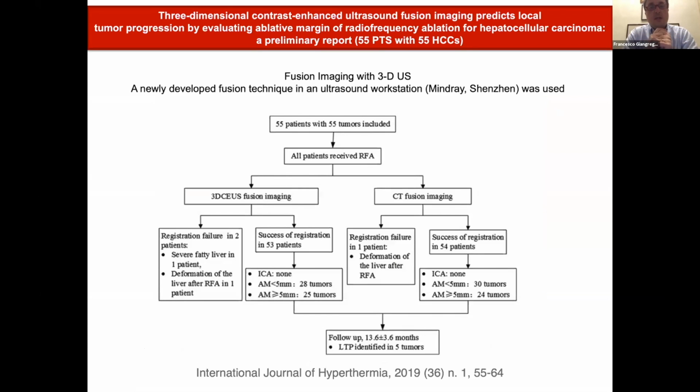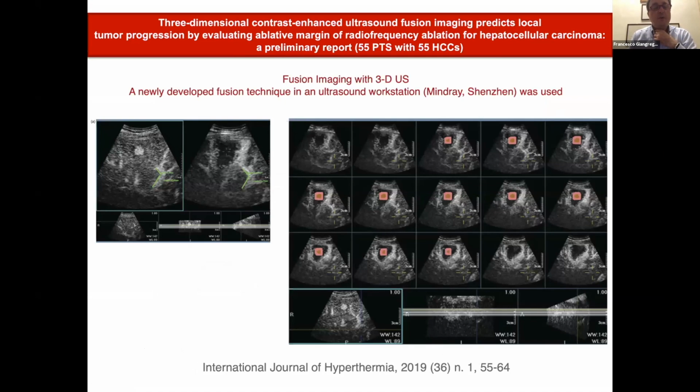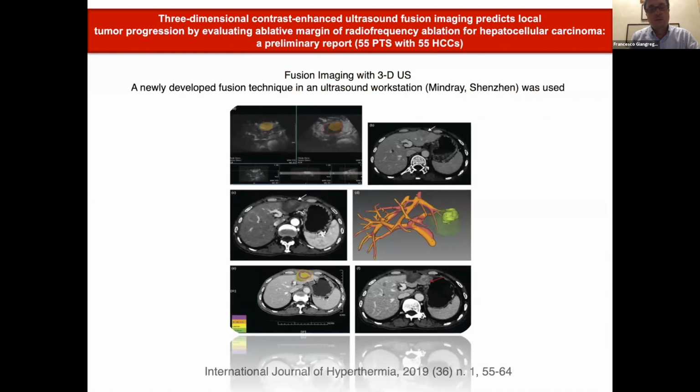At last, I want to show you a study performed with the Mindray fusion system that was published last year in the International Journal of Hyperthermia, in which the authors demonstrated that fusion imaging with 3D CEUS, in comparison with 3D spiral CT, was able to detect the safety halo and to treat this nodule in an efficacious way, and in a more precise way in comparison to spiral CT.